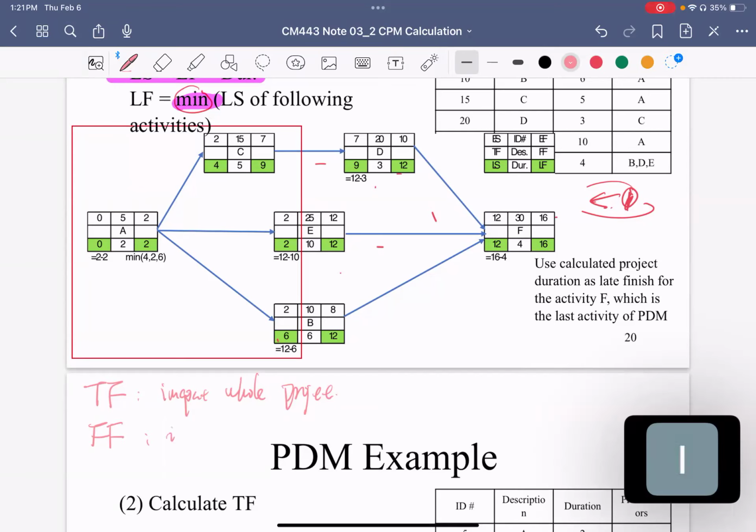It will not impact the early start time of the following activities, right?